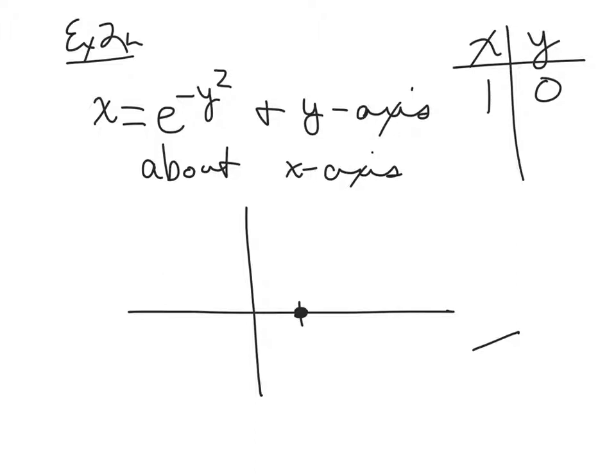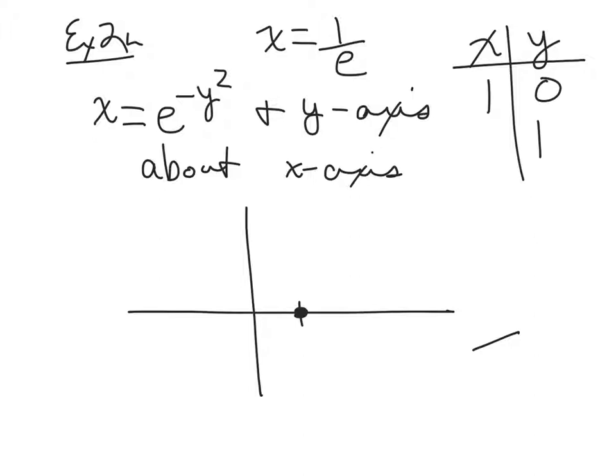Putting 1 in for y might be fairly simple. Let's see how that works out. If I put 1 in for y, I'd have 1 squared is 1, so it'd give me e to the negative 1. So x would equal e to the negative 1, which would be the same thing as 1 over e.